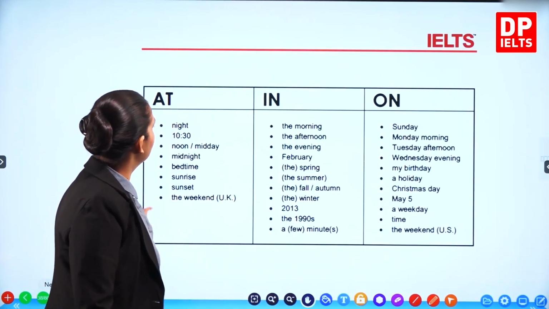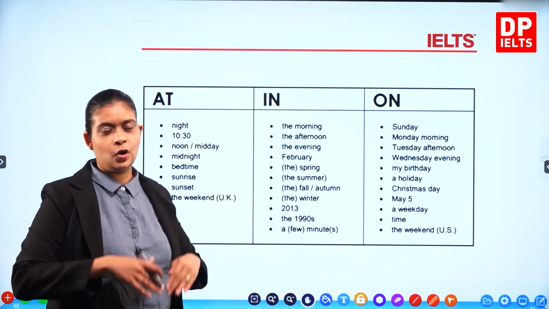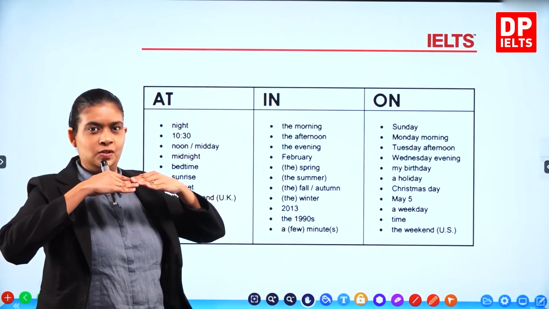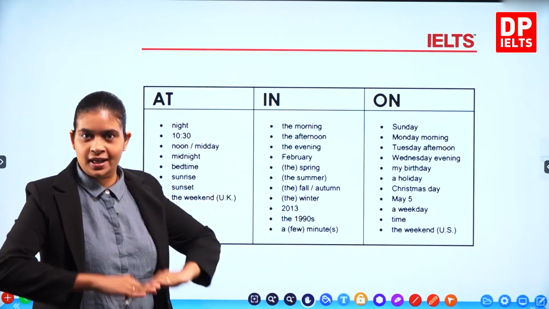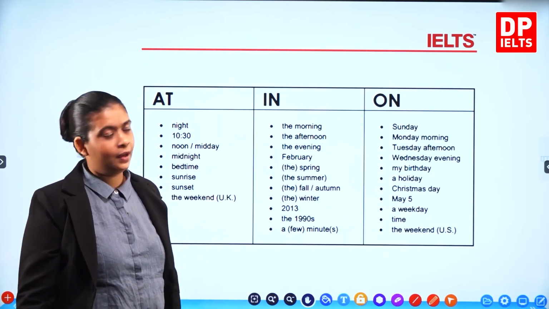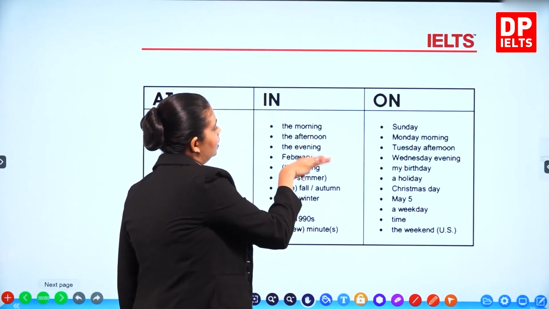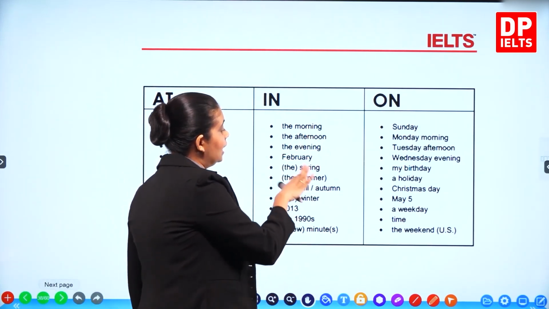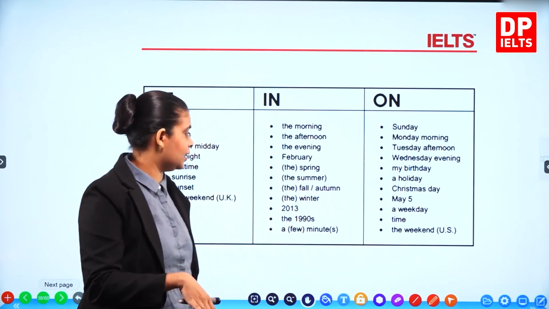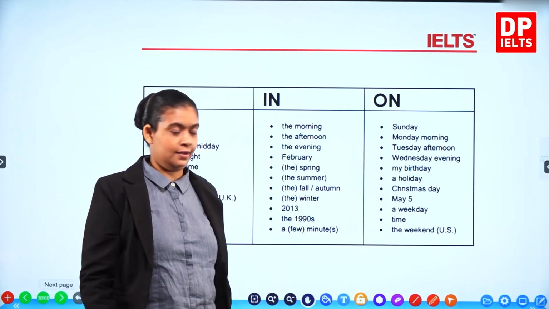So, at, in, on, right? In, on, at. In is the biggest one. On is the next one. At is the smallest or the most specific one, right? So, in the morning, in the afternoon, in the evening, in February, in spring, in summer, in autumn, in winter or in the winter, okay?